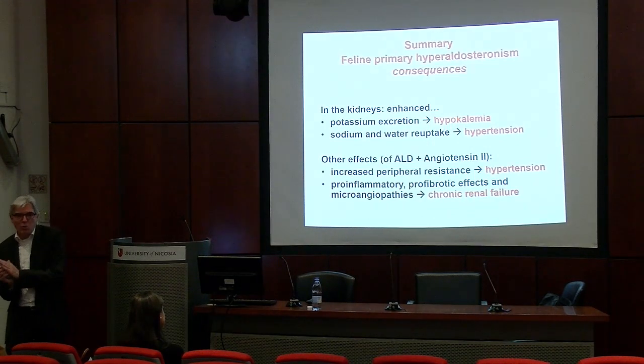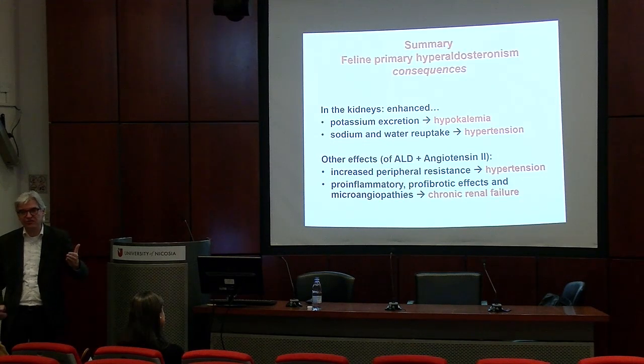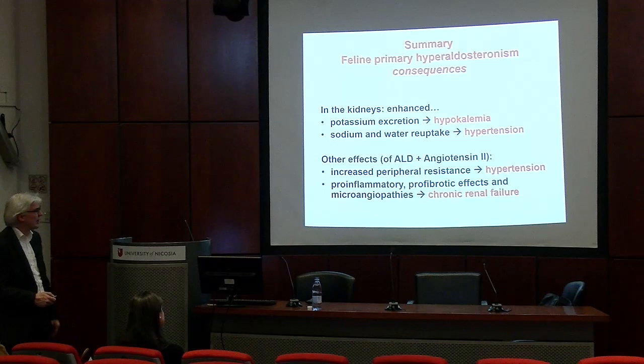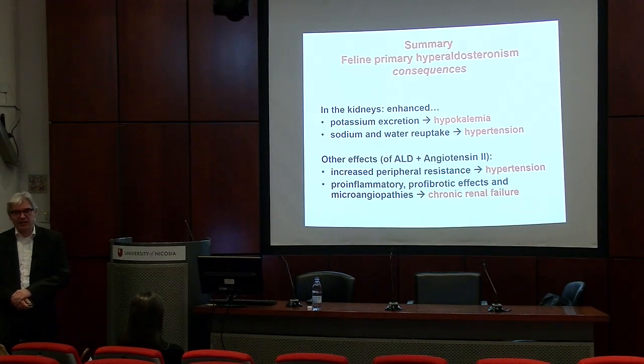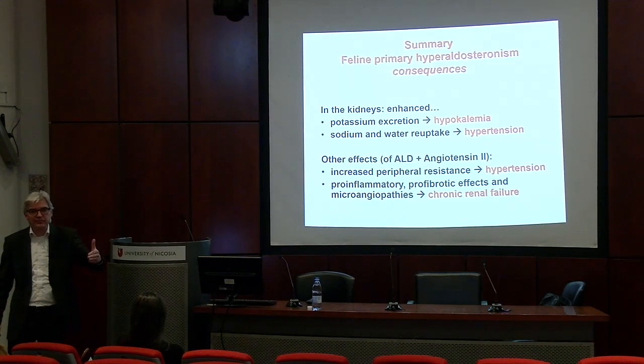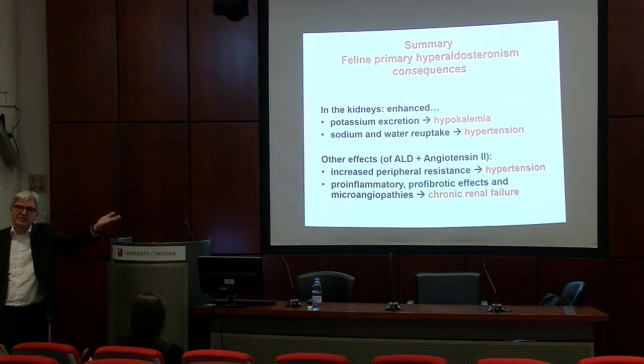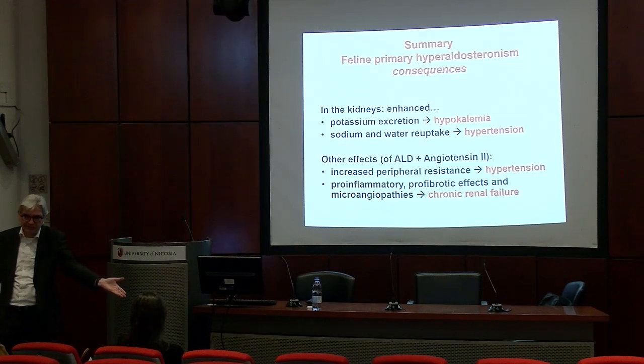But it's not only that we see effects of high aldosterone, especially in those cats that have hyperplasia. There is another reason why we especially see arterial hypertension. If you have an adrenal tumor that secretes a lot of aldosterone, then because of that, the renin will be completely suppressed.